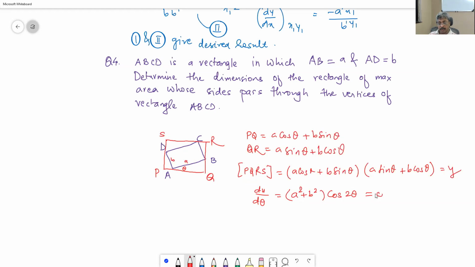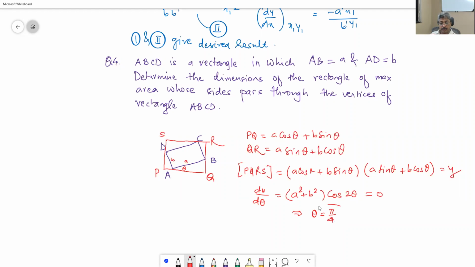If you equate it to 0, this bracket is not 0, therefore cos 2 theta has to be 0, and the angle theta is between 0 to pi by 2. Therefore 2 theta is 90, therefore theta is equal to 45. This will give you theta is equal to pi by 4.